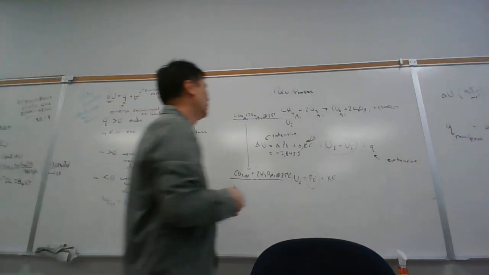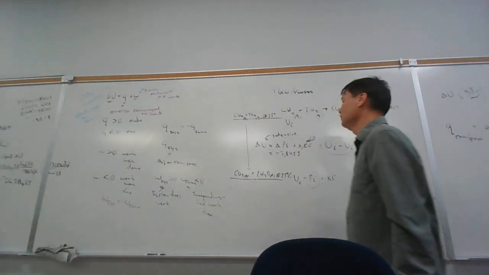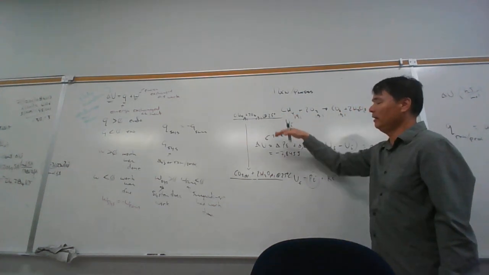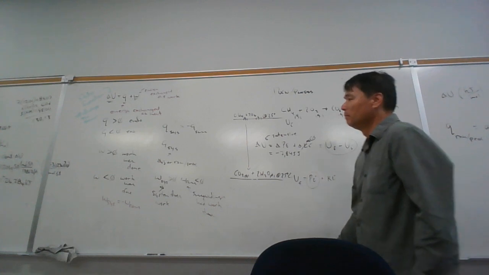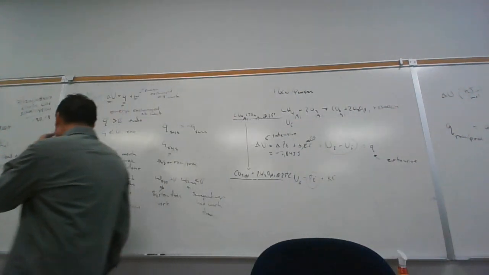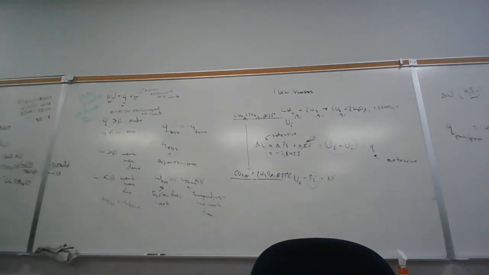So if we burn a mole of methane, we're always going to have the same internal energy change. If we burn a mole of salicylic acid, we're always going to get 3,000 kilojoules released.